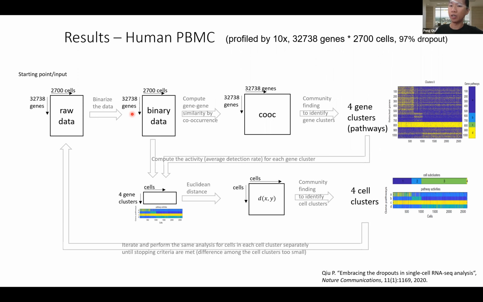And therefore, what everybody is doing right now when they do clustering is use quantitative information of just highly variable genes to do clustering. But how about the binary sparsity pattern in the other genes?